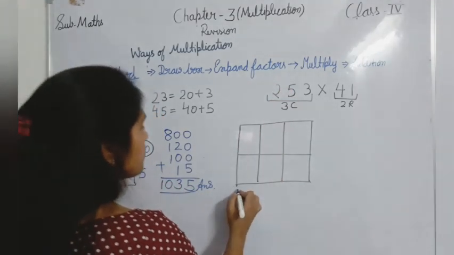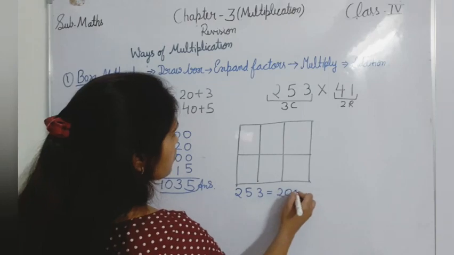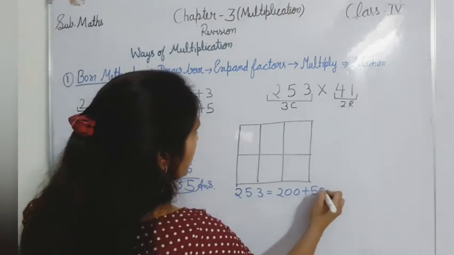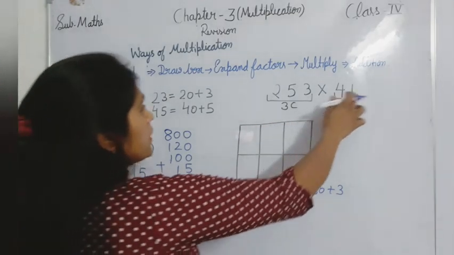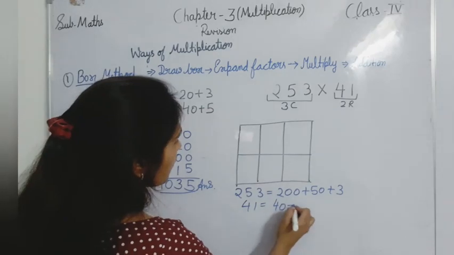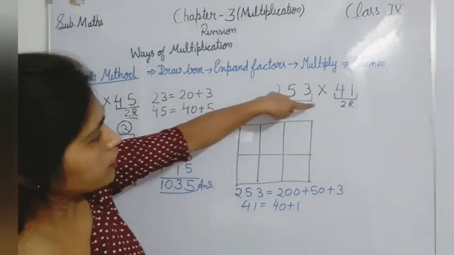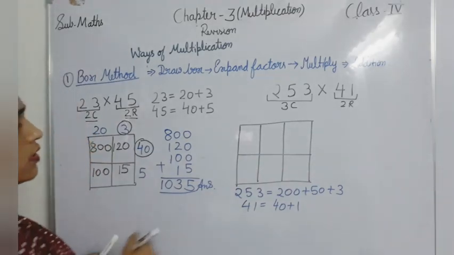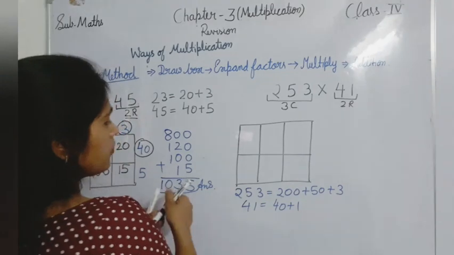If I am writing the expanded form of 253, so what will it be? 253. Clear? I am writing the expanded form of 41. So 40 plus 1. So now let's write left to right, top to bottom. So first I am writing 253.